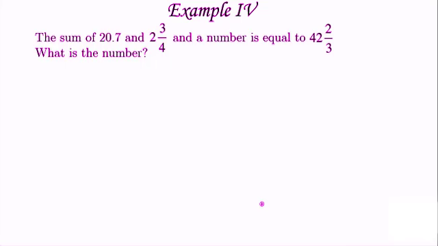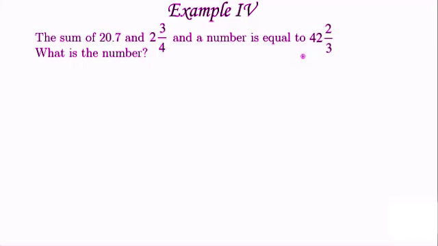Here's another example in which we're given a sentence, but we also have some numbers, and it looks a little messy because we have both decimals and mixed numbers. So let's read through this. The sum of 20.7 and 2 3/4 and a number is equal to 42 and 2/3.